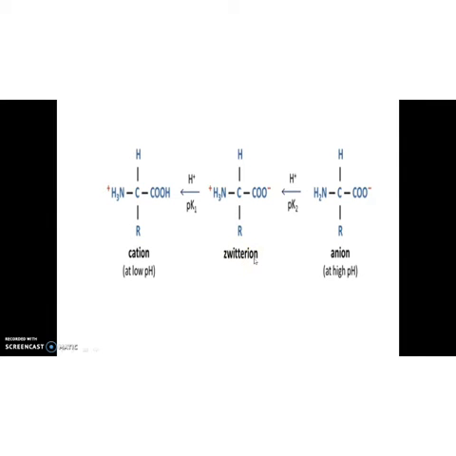Okay, so in solutions of different pH, the structure of the amino acid changes. Clear children? Here at low pH, it acts as a cation, and at high pH, it acts as an anion, and it also occupies a zwitterion structure. Clear? So that is the ionized nature of amino acids. So that's about amino acids.